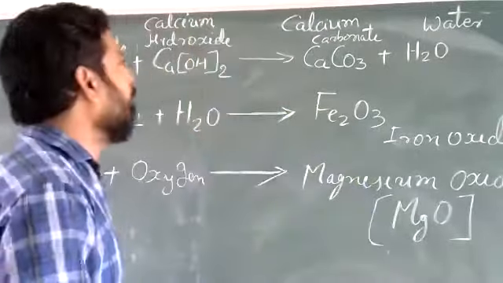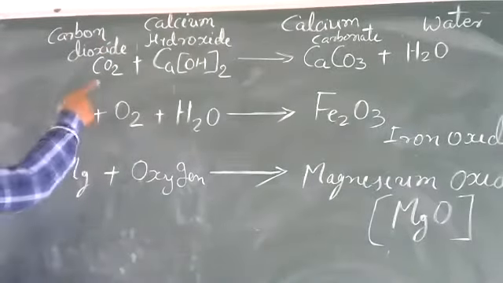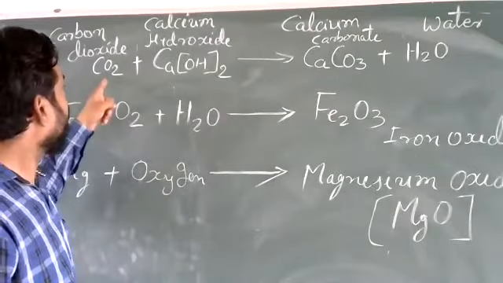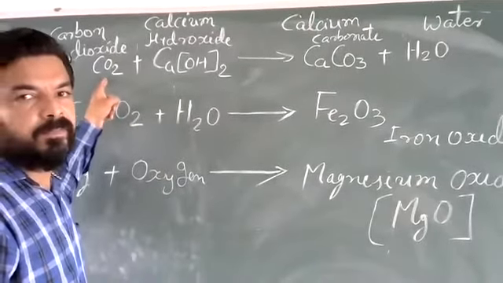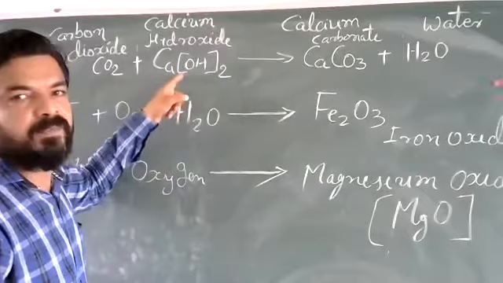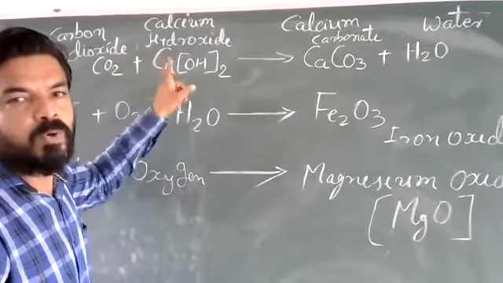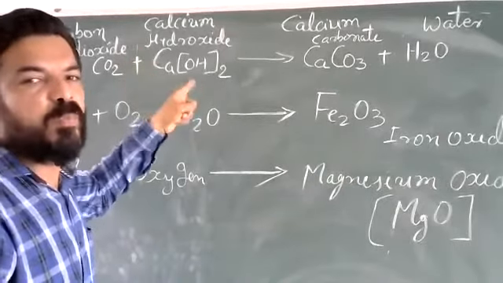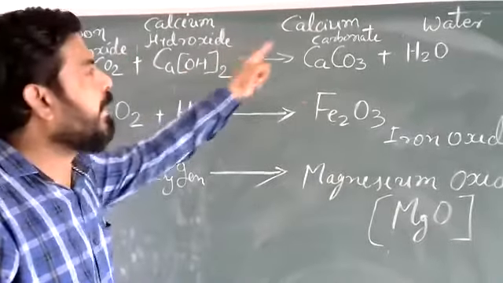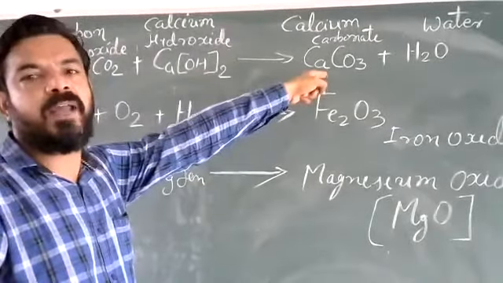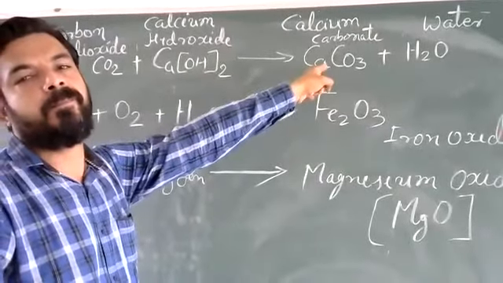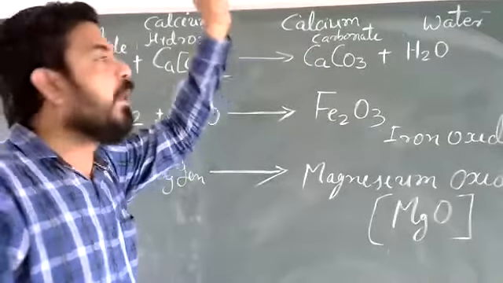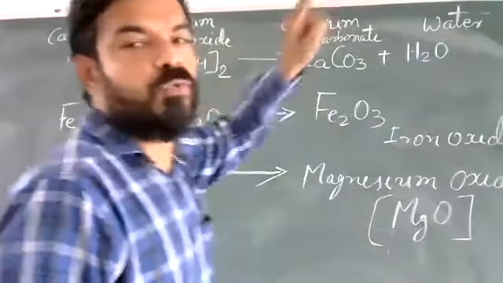Here you can see in the pot, this is carbon dioxide, calcium carbonate, put together, combined together, make change, make new product. As I say, that is calcium carbonate, CaCO3, and water, H2O.